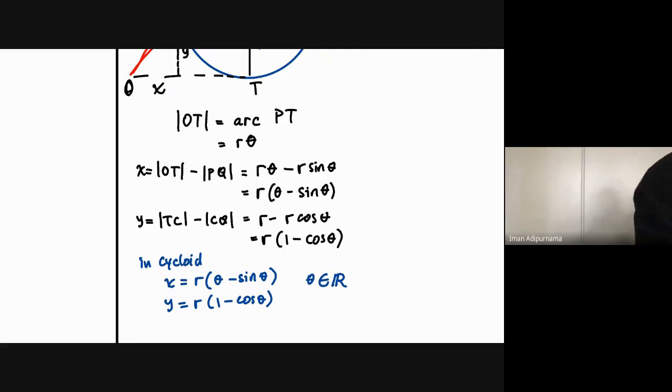So this is also an example for the parametric equation. So what is the parameter here? The variable. Yeah, theta, only theta. The r is a constant, because if you ride a bicycle, if r is changing, it will be a disaster.